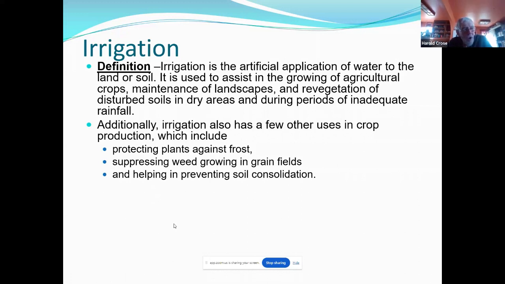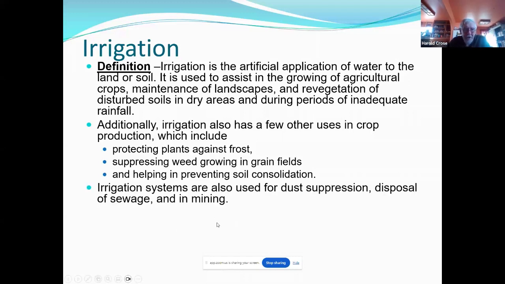You can apply water through an irrigation system that will actually create compaction of the soil surface. And this happens a lot on our heavier textured soils, our clays and clay loams, which have multiple problems, which I'll get into later.